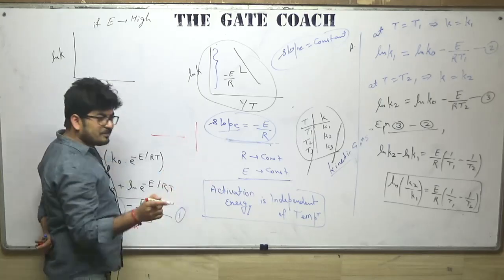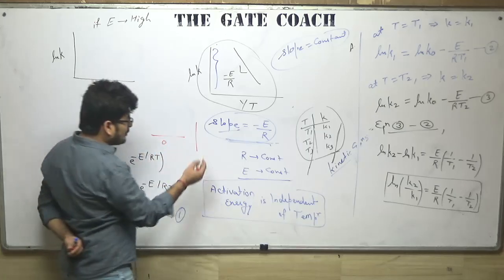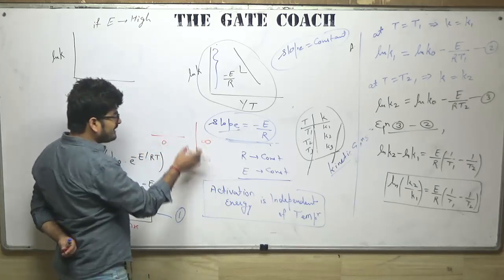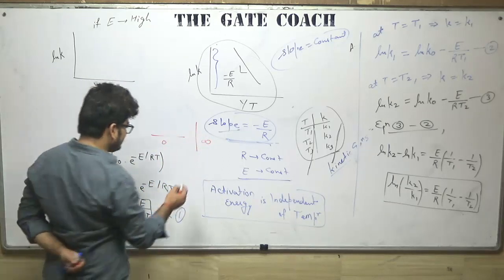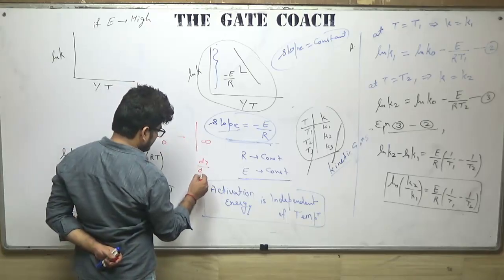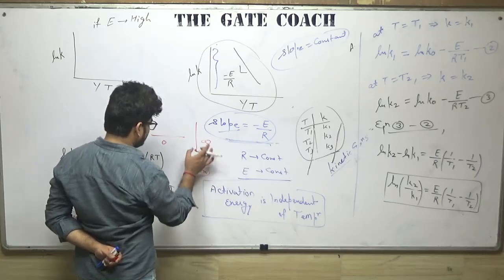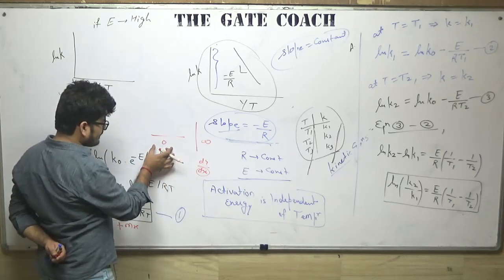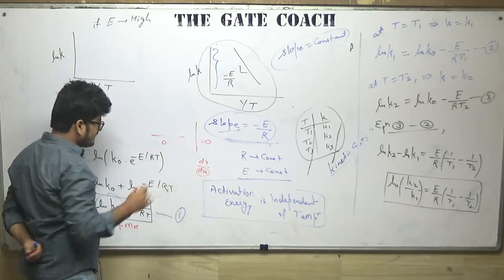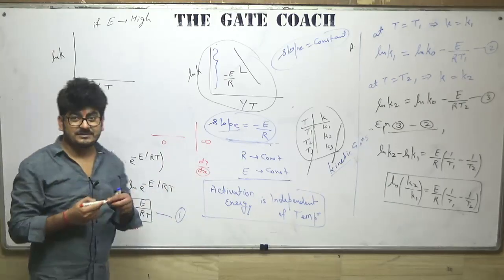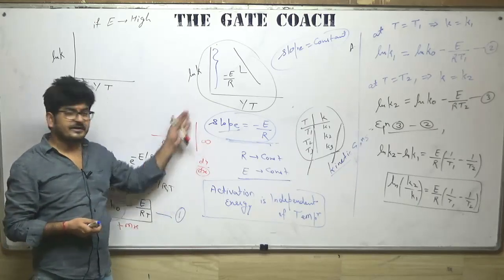If the slope is 0, that will be a horizontal line parallel to the x-axis, and if the slope is infinite, that will be a vertical line parallel to the y-axis. So if the slope is infinite, then the curve will be a vertical line.